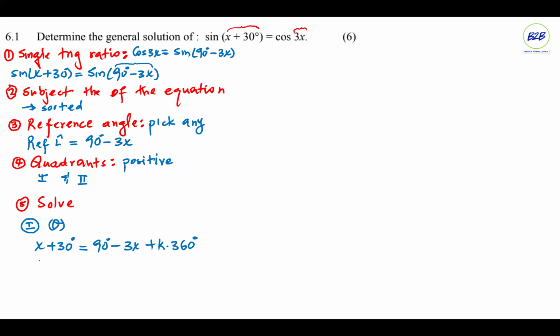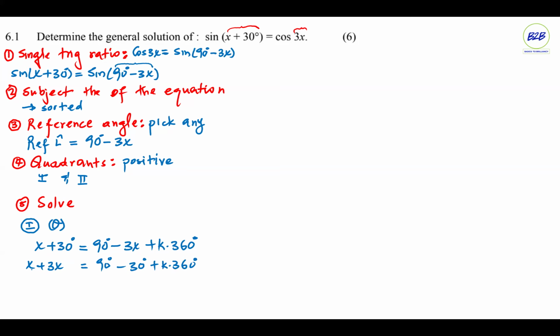Then we collect like terms. The negative 3x on the right-hand side will come to the left-hand side and give us a positive 3x. The 30 degrees on the left-hand side will come to the right-hand side and become negative 30 degrees.